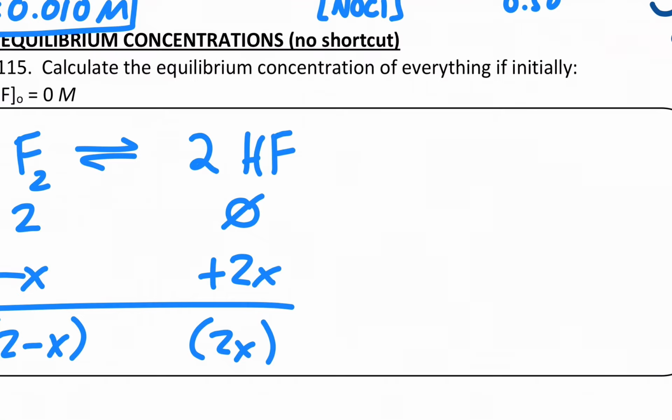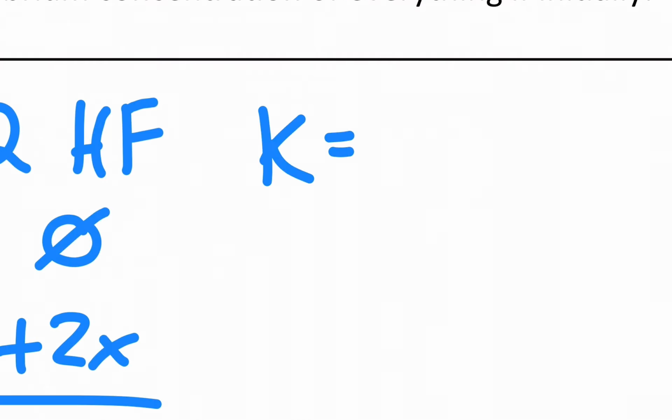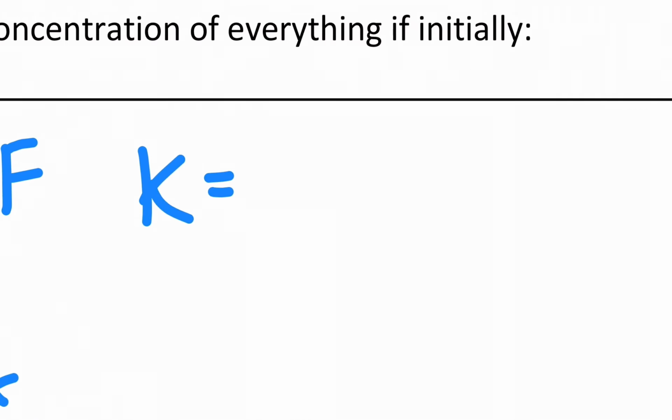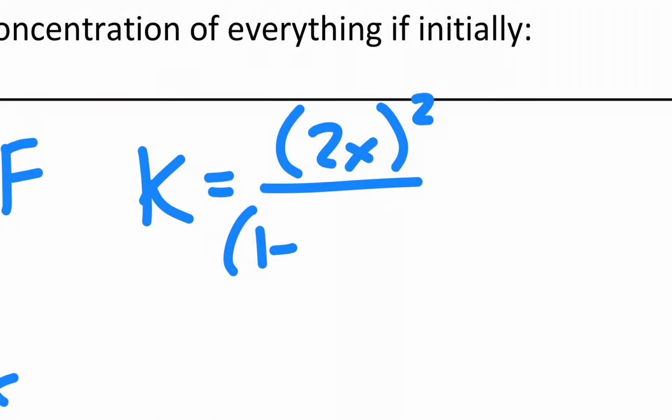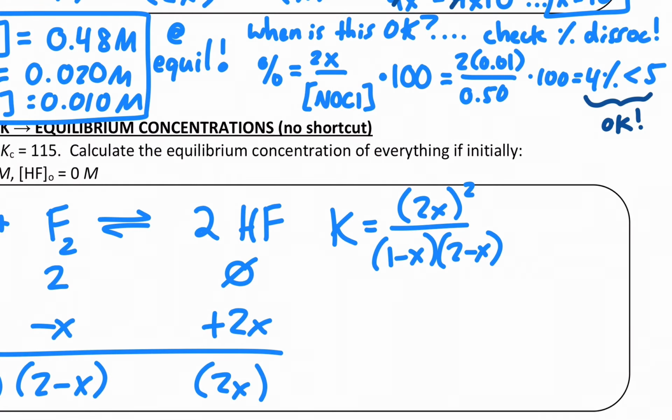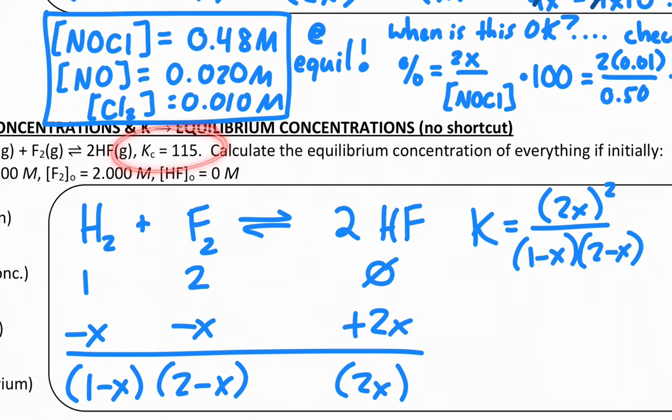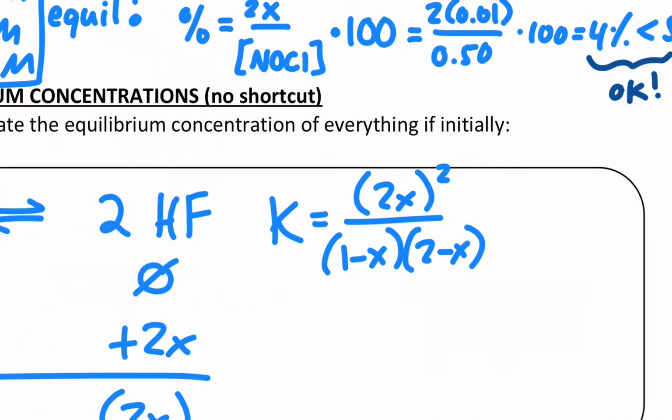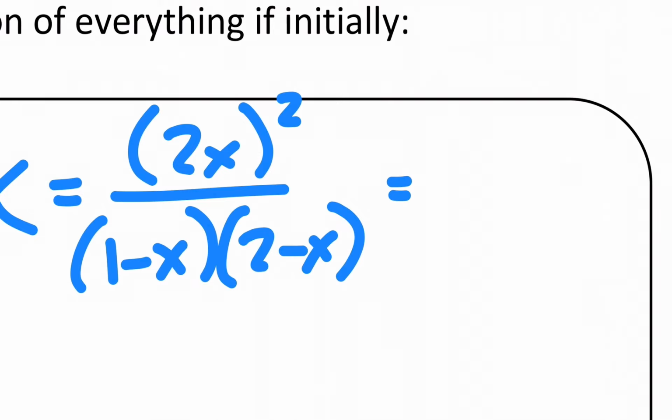Now let's write out the K expression. K, in terms of X, is equal to 2X squared divided by 1 minus X times 2 minus X. K is not small. K is appreciably large, 115. So I have to actually solve a quadratic here. So we're going to expand this.